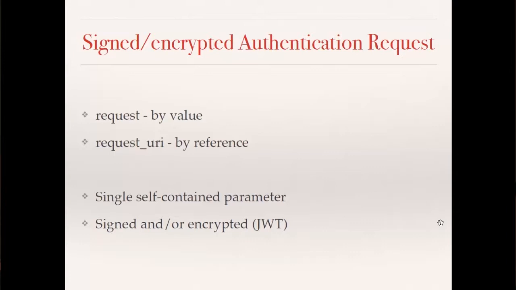It's self-contained. You can do this in two ways: either by value, as you see there, putting it in the request, or you can put it somewhere where it can be found by the provider and then provide a URL so it can go fetch it.